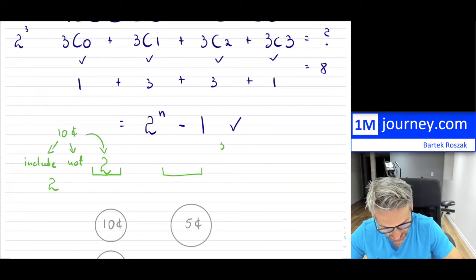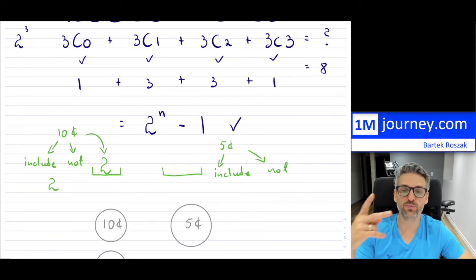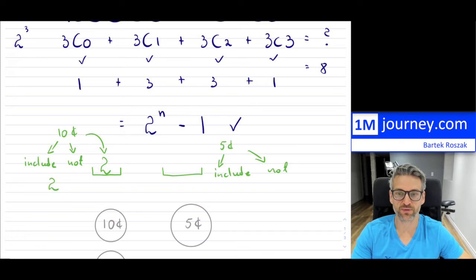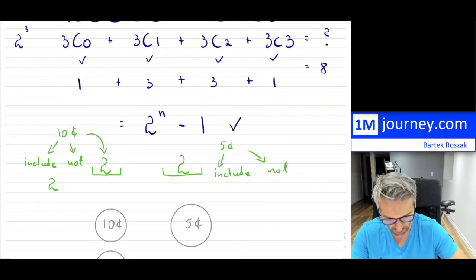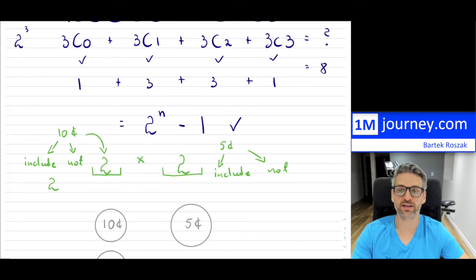And then for the 5 cents, I can do exactly the same thing. I can say, I can include my 5 cents, or I will not include that 5 cents. So those are 2 possibilities that I would have. So this would have been a 2. And notice, this is just a multiplicative property, right?